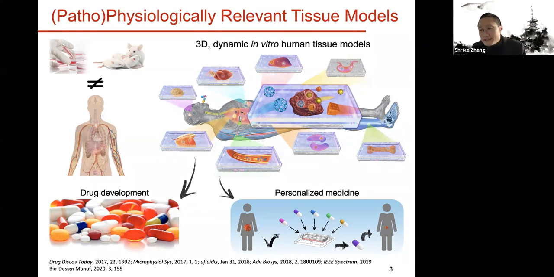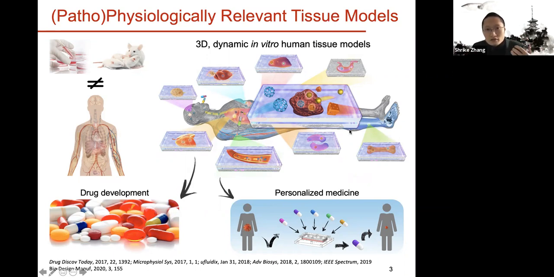So that's why in the past 10, 15 years, people are really trying to develop these high content, higher throughput models of human tissues and organs in vitro for us to be able to screen drugs or personalized medicine in a better way. These are basically so-called organ-on-chip systems where each of these organs are made onto little microfluidic devices.